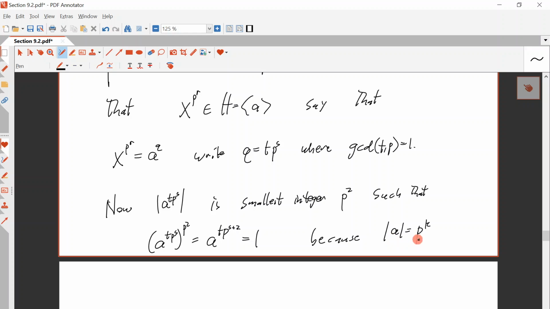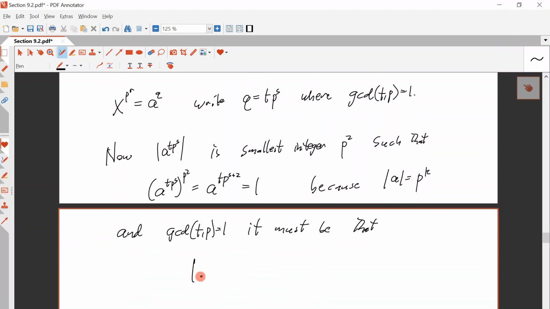We chose the order of a, so this order was p to the k, which was the largest possible order in G. Okay, because the order of a is p to the k, and the GCD of t and p is 1, it must be that the order of a to the t, p to the s is equal to p to the k minus s. Right, because we need that this is a multiple of k, p to the k.